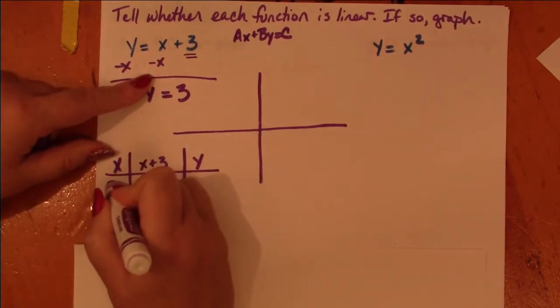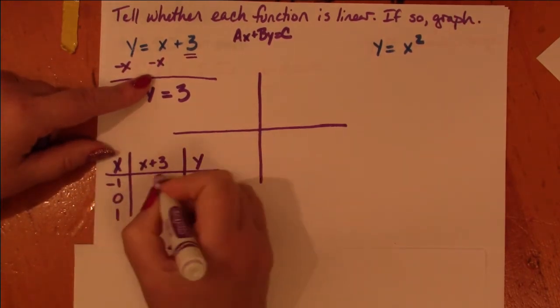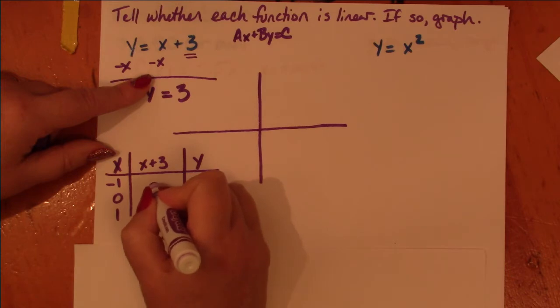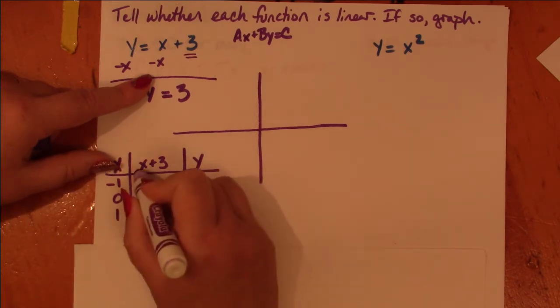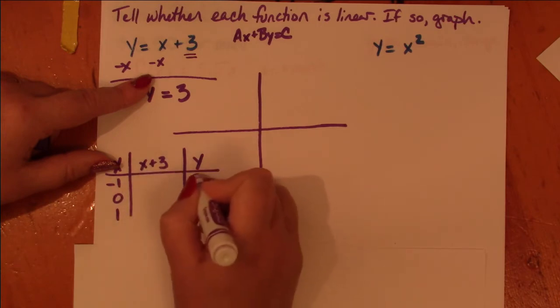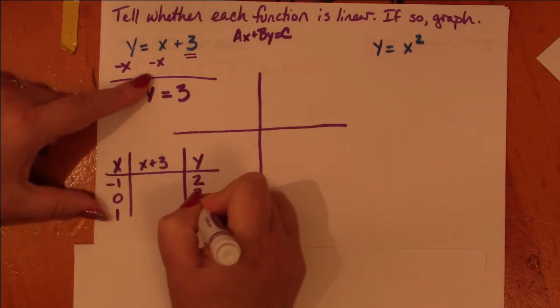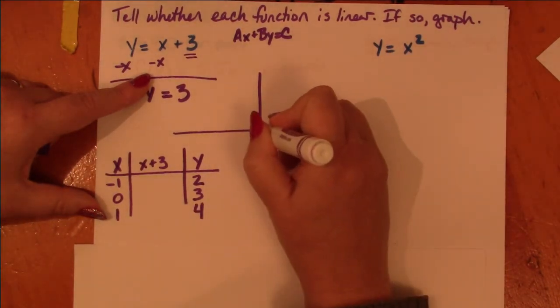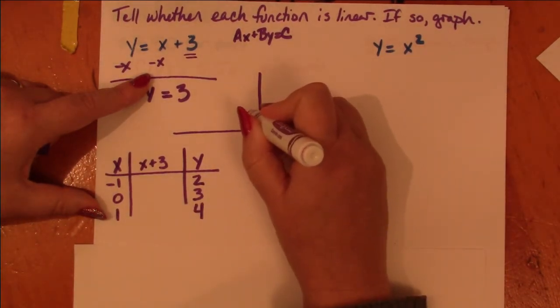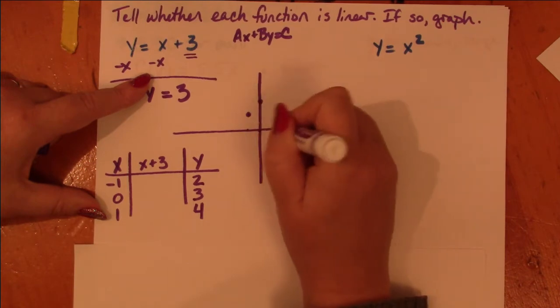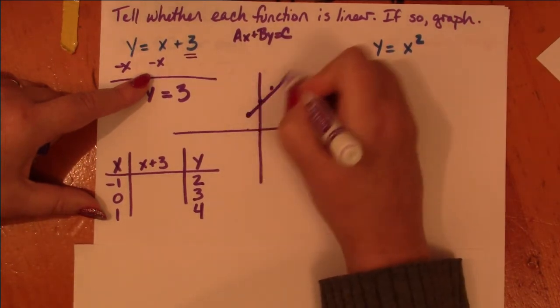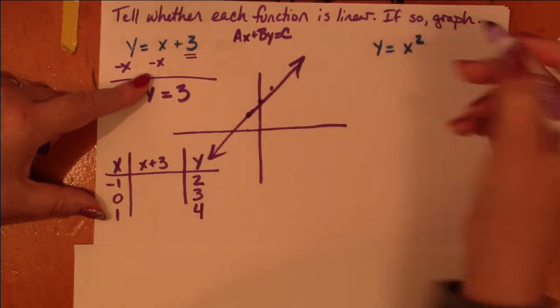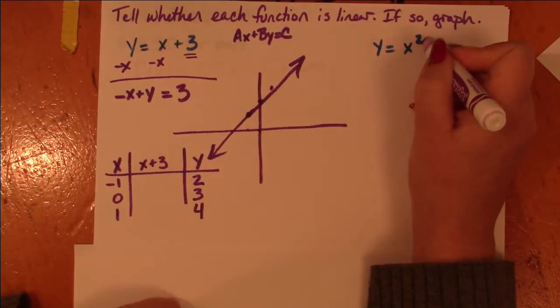And if I say my x is -1, 0, and 1, -1 plus 3 is 2, 3, and 4. So -1, 2, and 0, 3, and 1, 4. Ta-da! It's graphable.